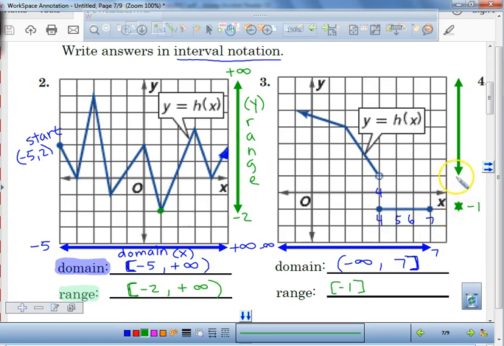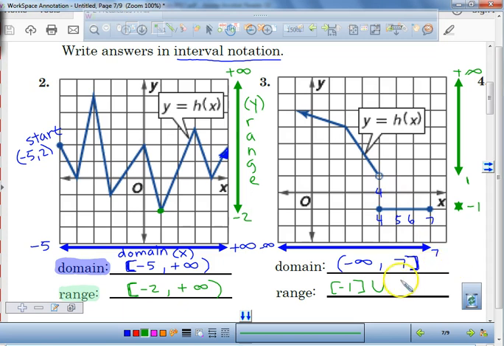But then, where am I at right here? Positive 1. And then where does that go up to? Infinity. So then, what do I have to do? Now I have to make a union with this negative 1, which is right here. And then, ooh, open circle. Does that include or not include?